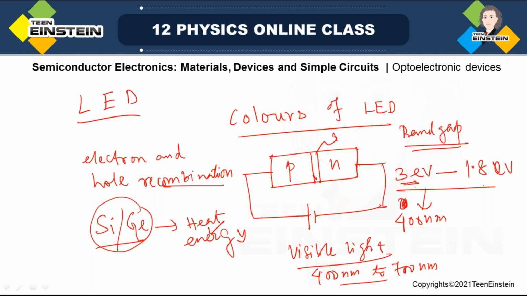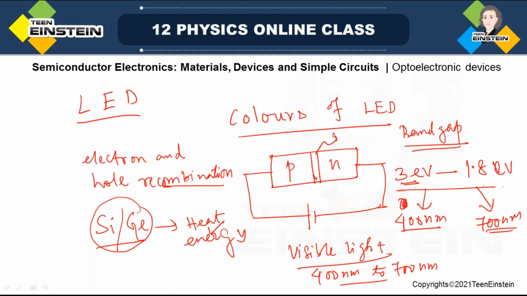If the band gap varies between 3 electron volt and 1.8 electron volt, then 3 electron volt corresponds to 400 nanometer and 1.8 electron volt corresponds to 700 nanometer wavelength of the radiation emitted by the LED. So this is how you have to consider the band gap, and the wavelength or the frequency of the light emitted purely depends on the band gap range.